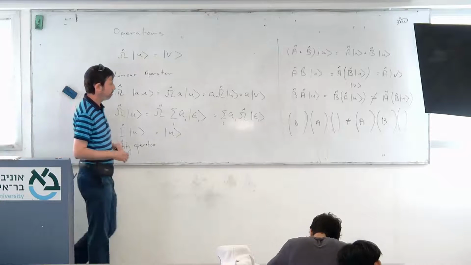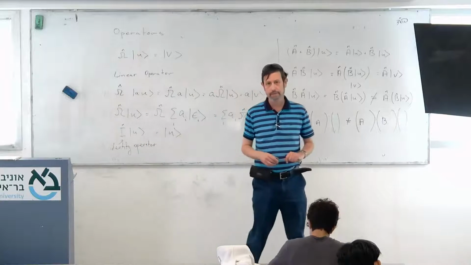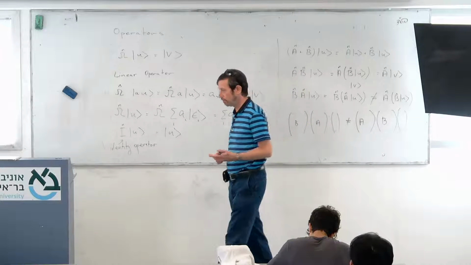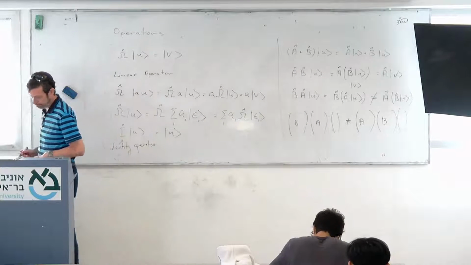Okay, so we defined I. As I said, we want to define an inverse of an operator.